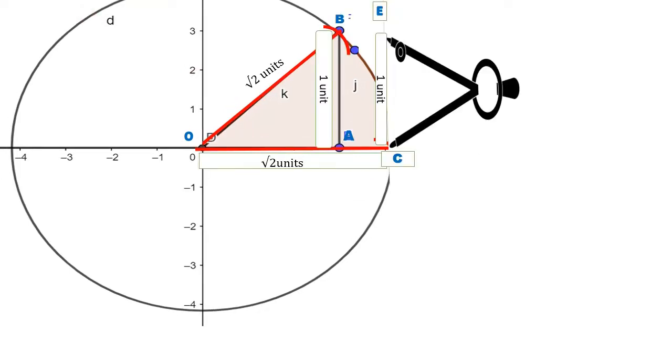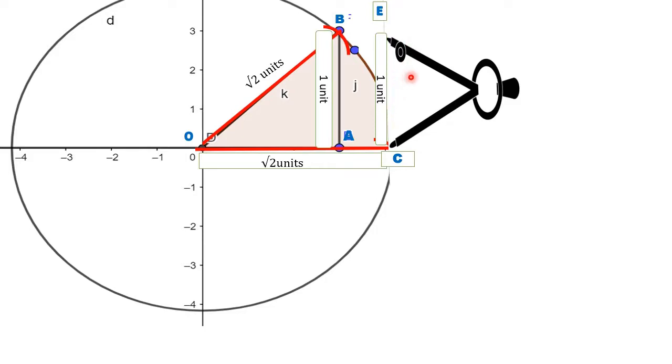Take a compass, place its vertex at D. Taking the measurement D to E equal to 1 unit, draw an arc at E. Do you remember how much 1 unit is on our scale?